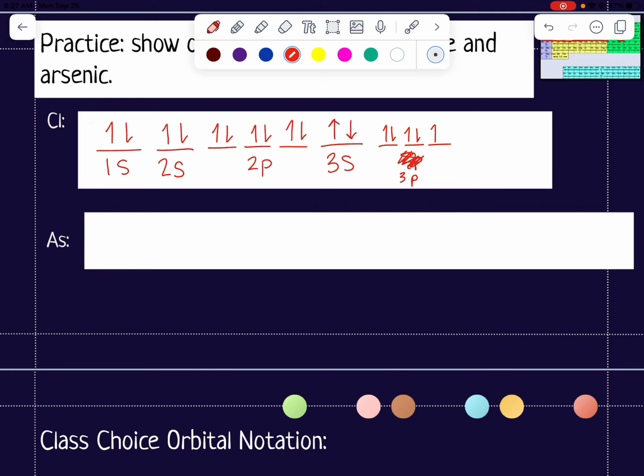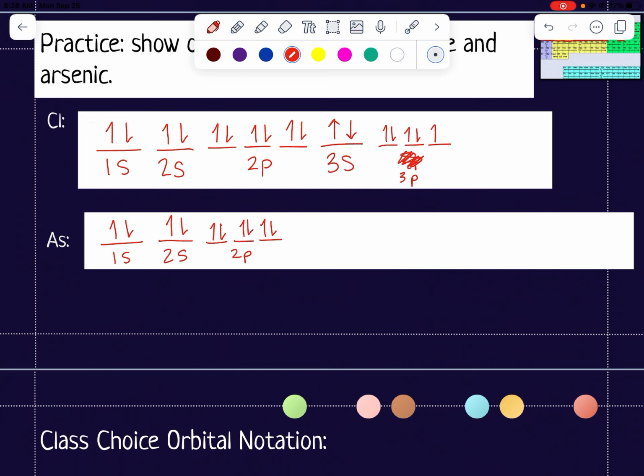So here we go. Arsenic is going to start with 1s, fill it with an up and a down. Next is always going to be 2s, fill it with an up and a down. Next is going to be 2p, which can hold 6 total electrons, so that's going to be up, up, up, down, down, down.